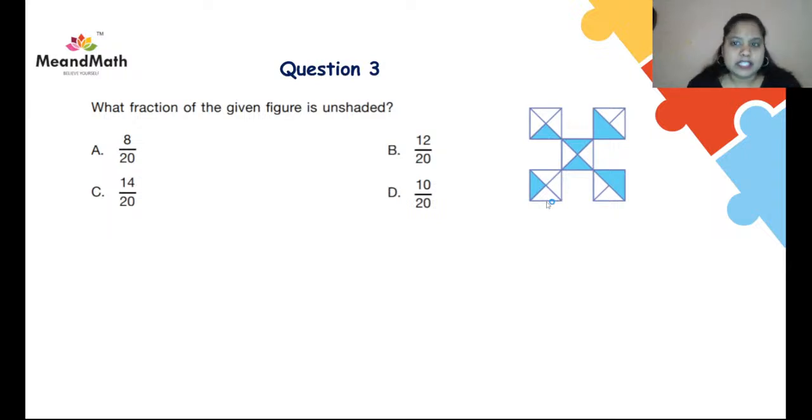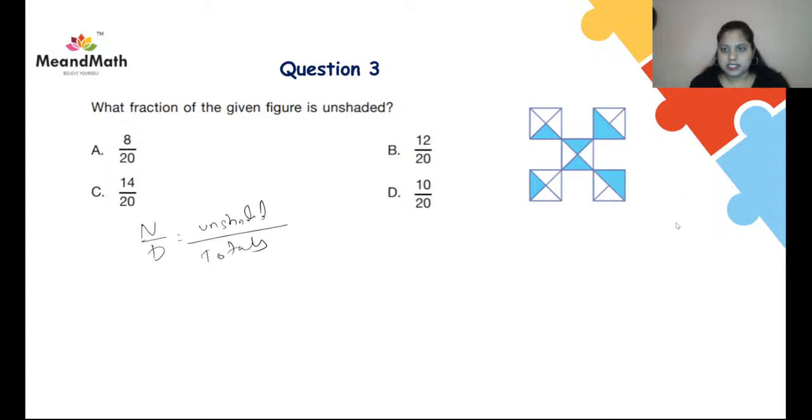Okay. So here, what fraction of the given figure is unshaded? Now, when writing the fractions, that is the numerator by the denominator, we have to find the unshaded part. So clearly the numerator is the unshaded part and the denominator is the total parts, right?